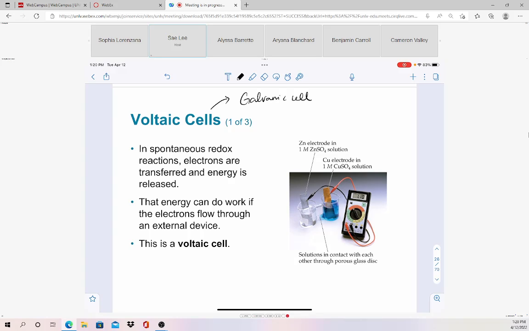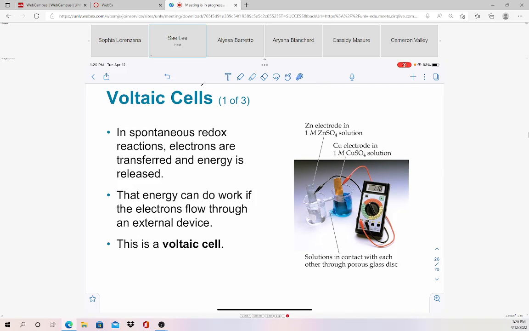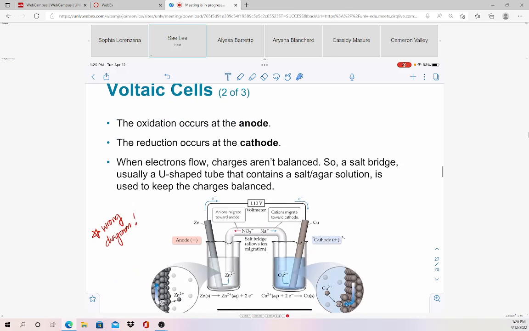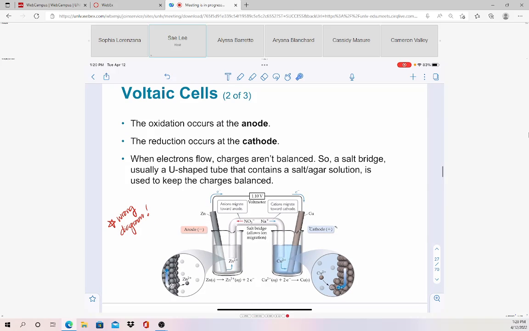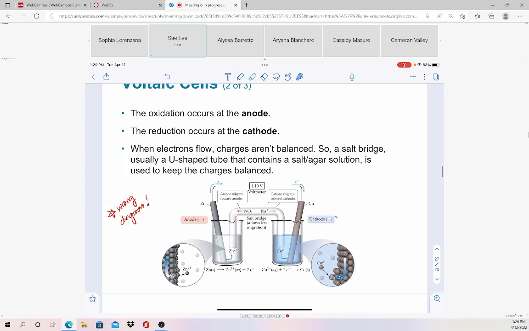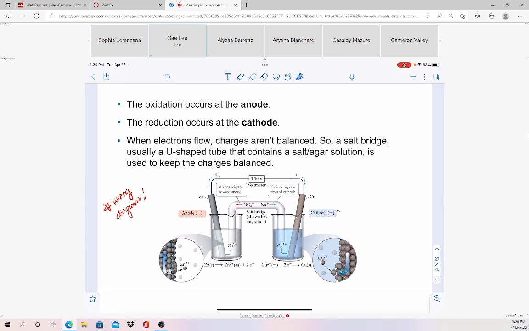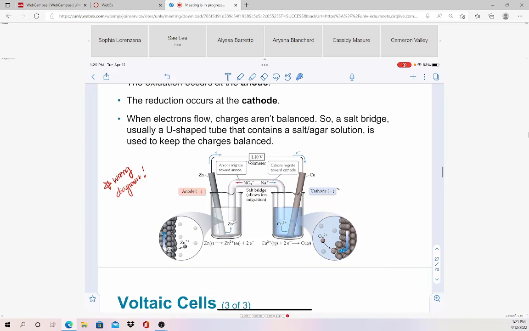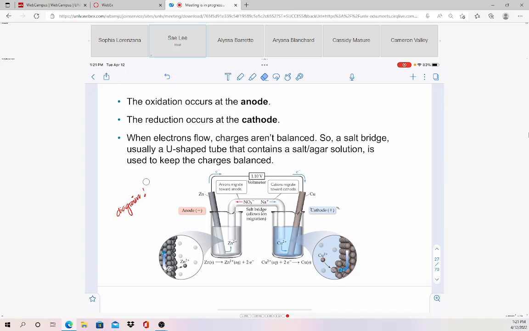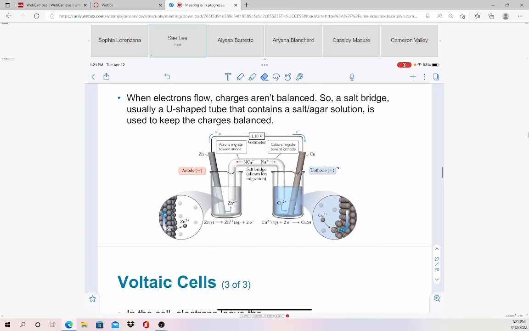So as you can see from this diagram, a spontaneous redox reaction between copper and zinc is producing electric current. And we're going to take a look into the detail of what chemical reaction is occurring in this voltaic cell. Okay, I have the correct diagram over here. All right, so this is the voltaic cell.